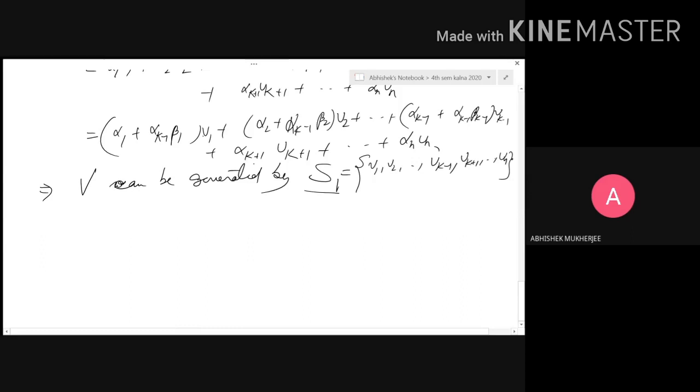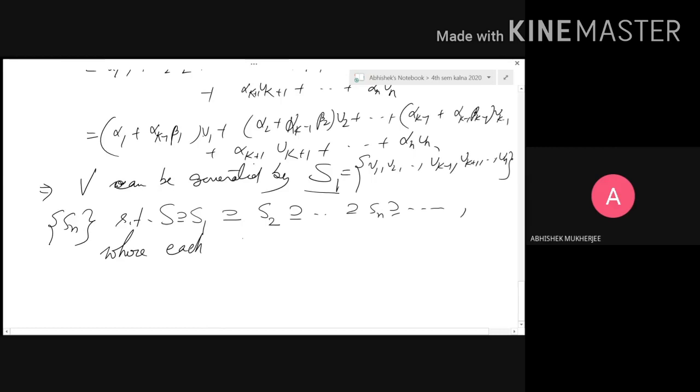So if we continue this process, then eventually we get a sequence of sets such that S contains S1, S1 contains S2, contains S3, and so on, where each Si has the property that it generates the vector space V. This is the property the terms of the sequence have.